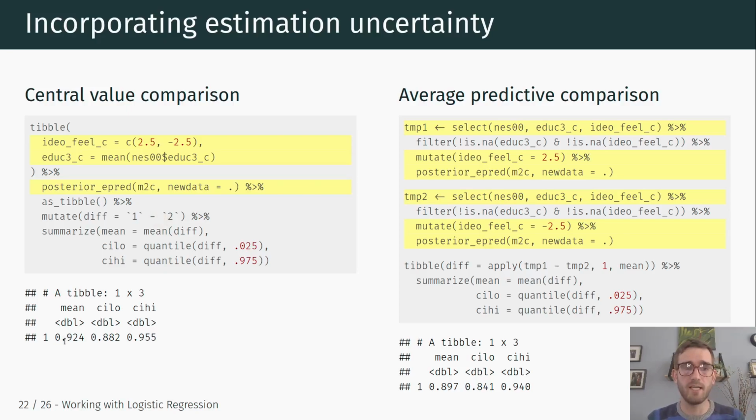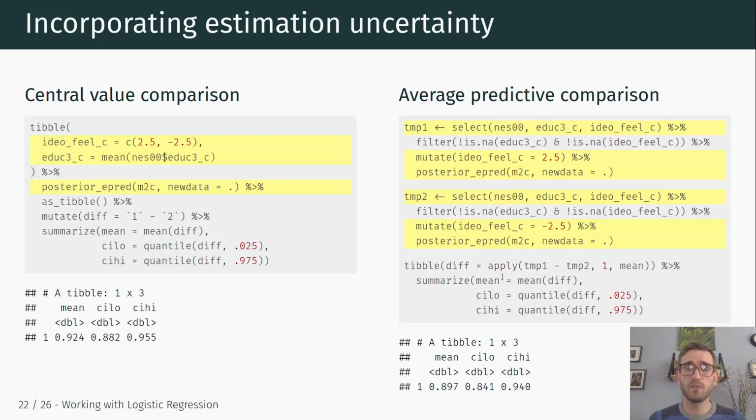And then we have a change in predicted probabilities as well as a 95% credibility interval. If we do this with the average predictive comparison, we have to take draws for each of those scenarios with not only the mean value of education, but for the full set of education values that we have in our data, in our sample.